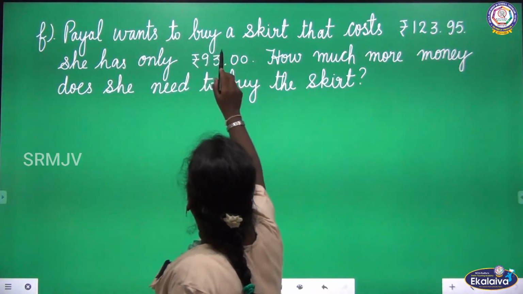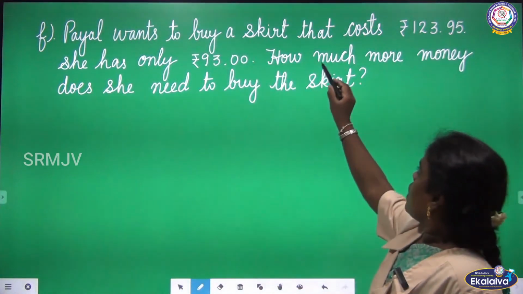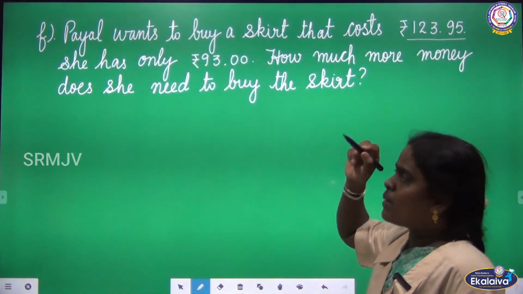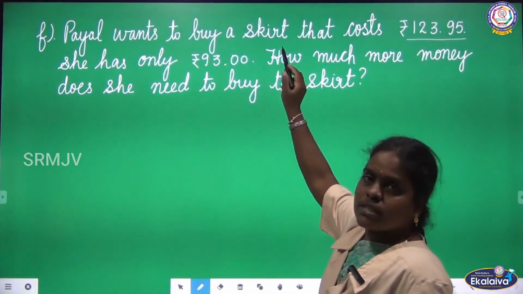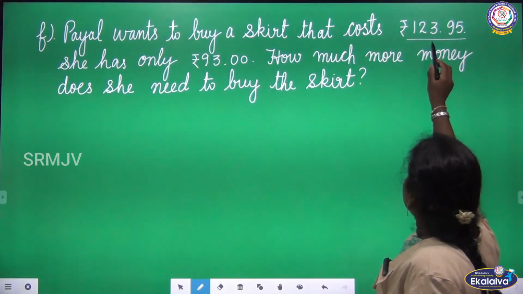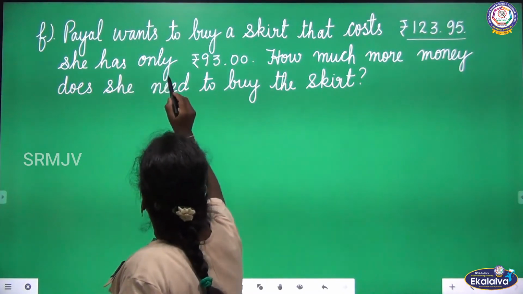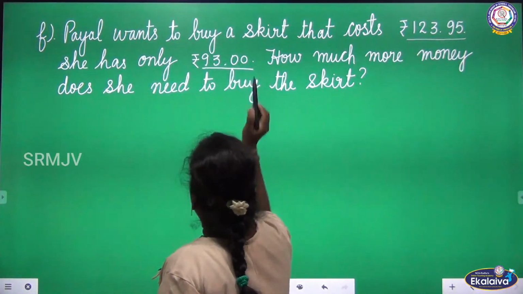Paul wants to buy a skirt that costs 123 rupees and 95 paise. Here the cost of a skirt is 123 rupees and 95 paise. She has only 93 rupees.